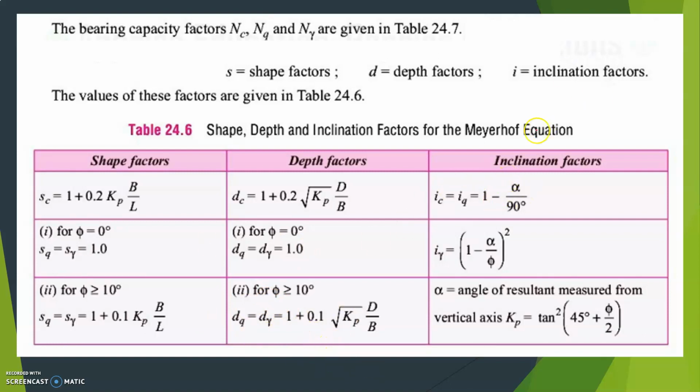For the inclination factor, Ic equal to Iq equal to 1 minus alpha divided by 90 degrees, and I gamma is equal to 1 minus alpha divided by phi, whole square. Alpha is the angle of the resultant measured from the vertical axis. Kp is equal to tan square of 45 plus phi by 2.